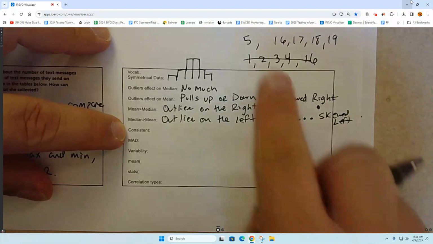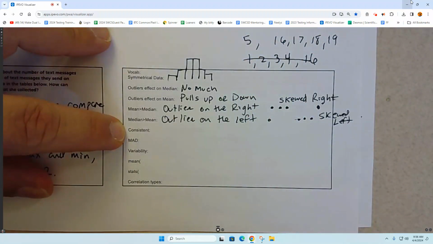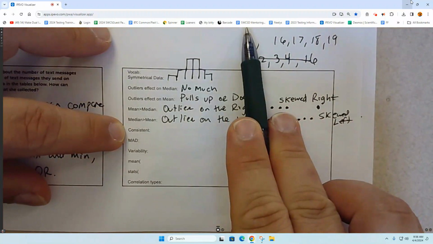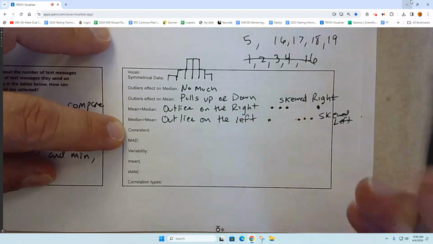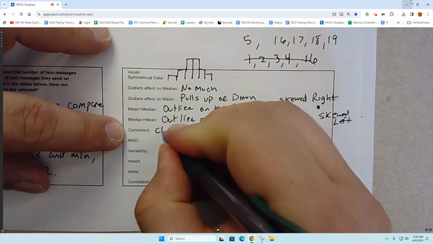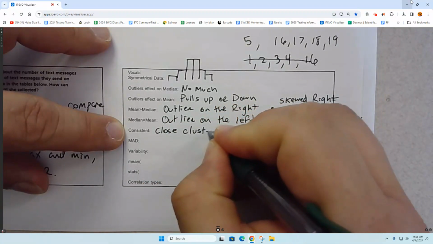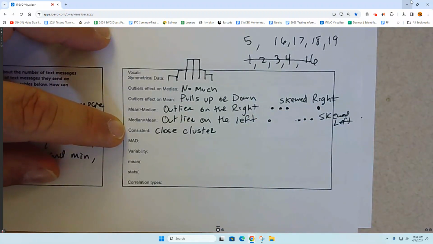Would you say that these values are consistent? No. Why? Who's the outlier? So if I take away this 5, it seems more consistent. It's around the same age. So we say that that's a close cluster, which means the MAD would be what?